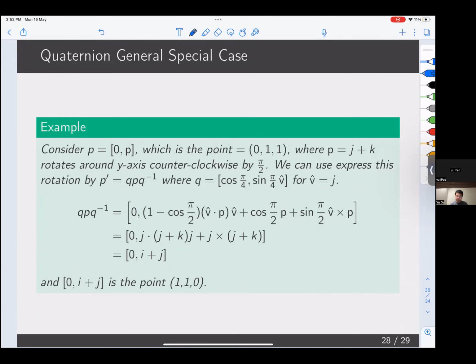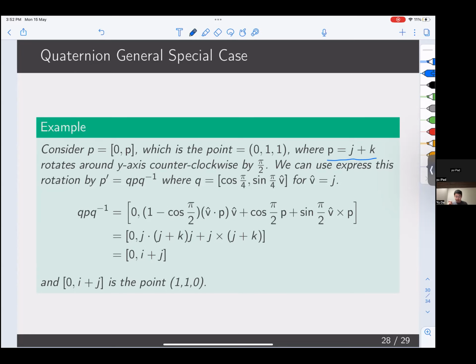We have the pure quaternion 0, P, where the vector part is just J plus K, and we want to see how it behaves when rotated around the y-axis by 90 degrees.